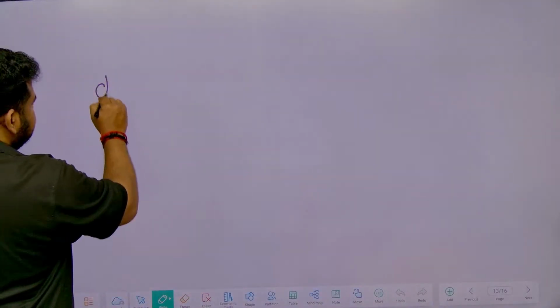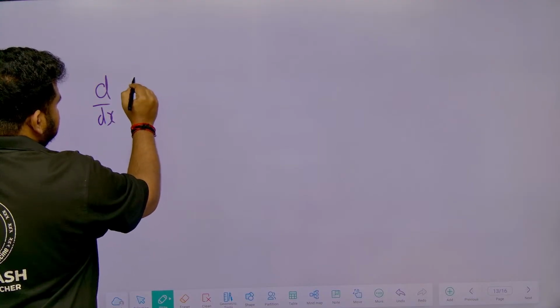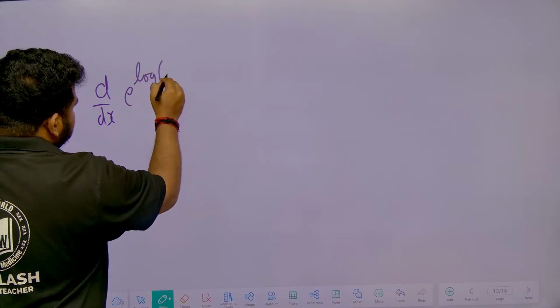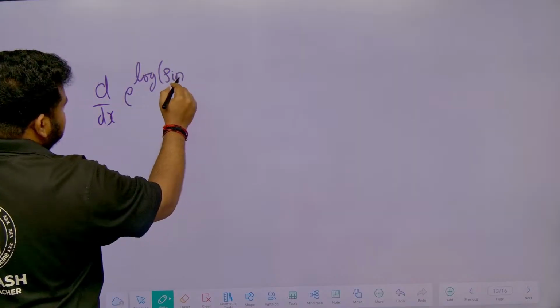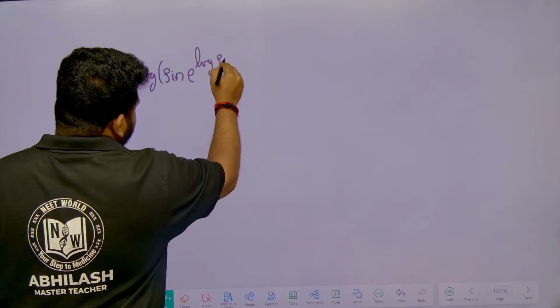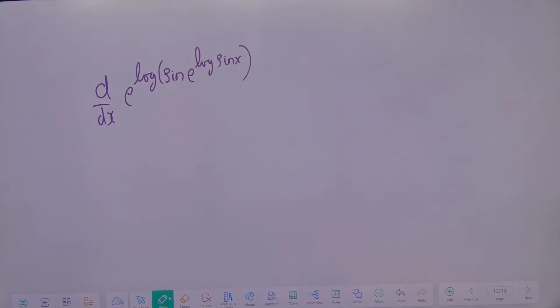Find d by dx of e power log sin e power log sin x. Looking at the question, don't get scared. One by one, you start from outside to inside.